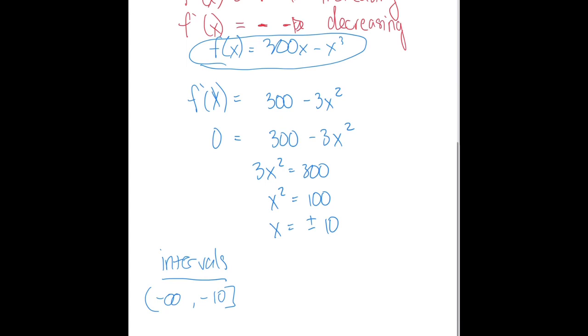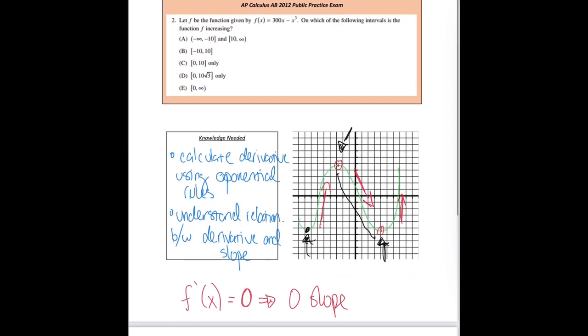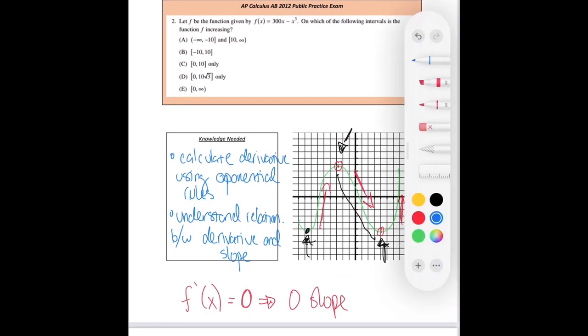All right. My next interval I'm going to set up is from negative 10 to positive 10. Okay, and the last one that I'll set up here is from positive 10 to infinity. Right, now why are those the intervals I'm going to set up? Let's go ahead and look at this graph here.